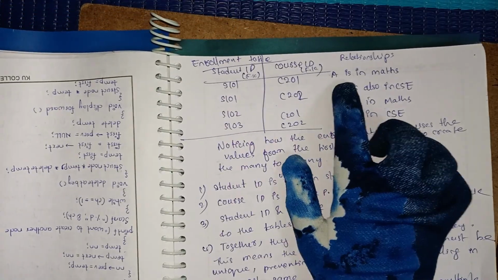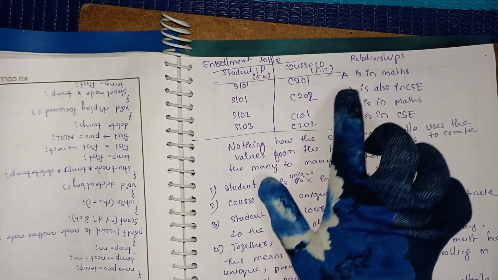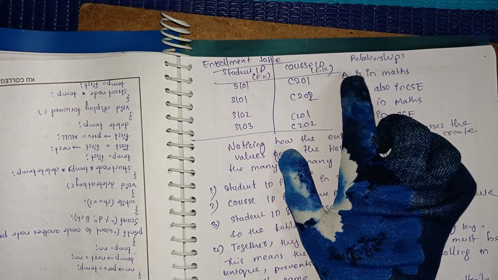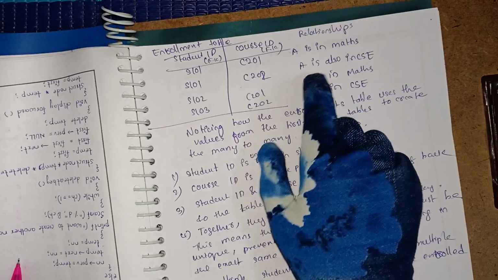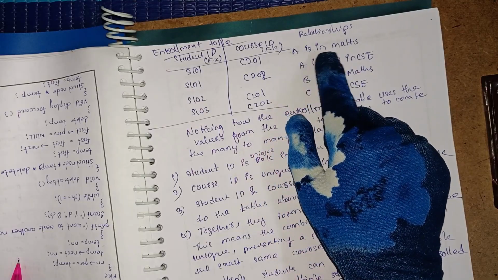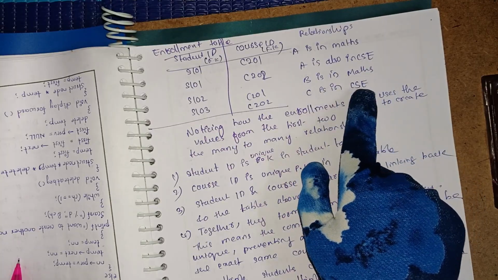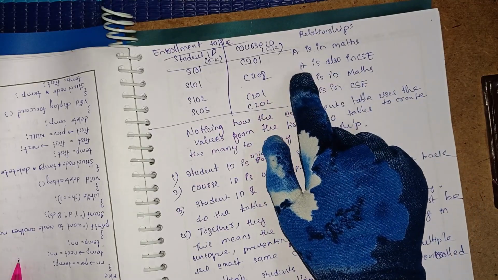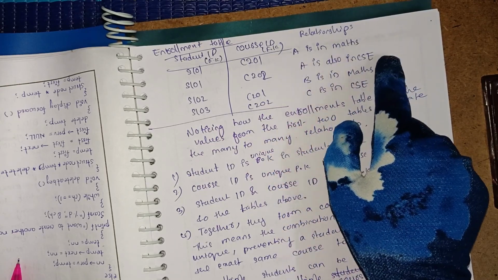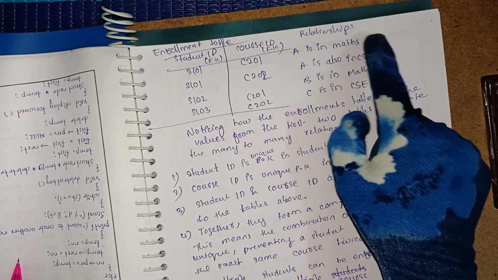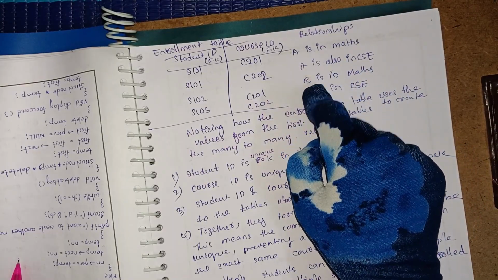So the relationships are: A is in Maths, A is in CSC, B is in Maths, C is in CSC. So one student is enrolled in multiple courses, and the Maths course is enrolled by multiple students, A and B.